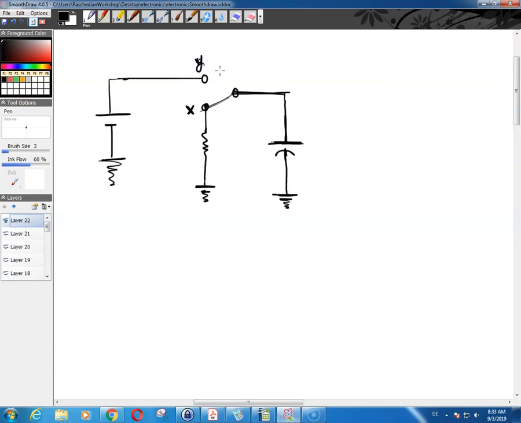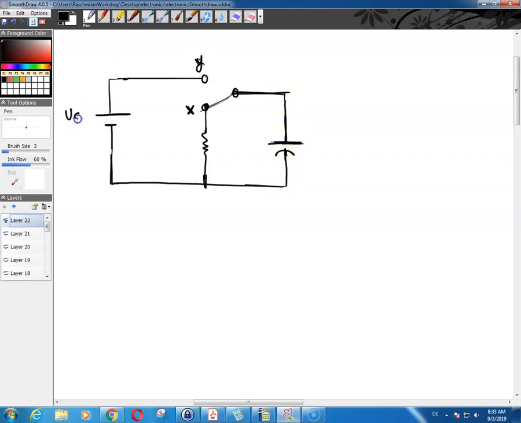For the sake of simplicity, and to not create any confusion, you can connect all of these together, all are ground.